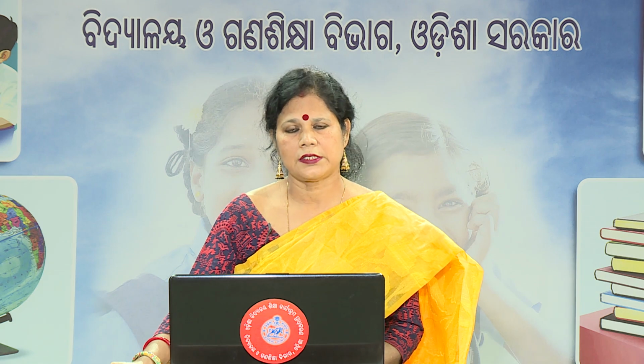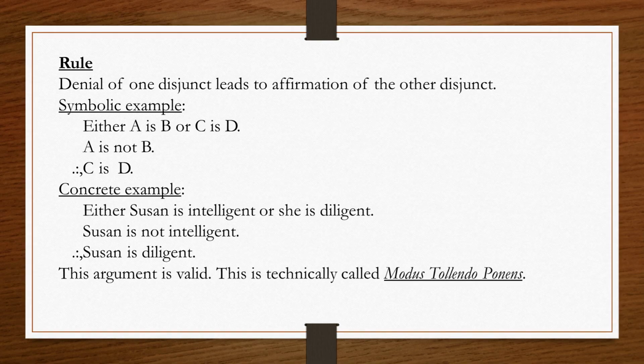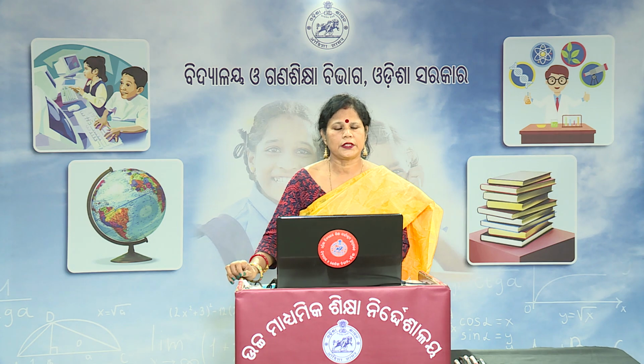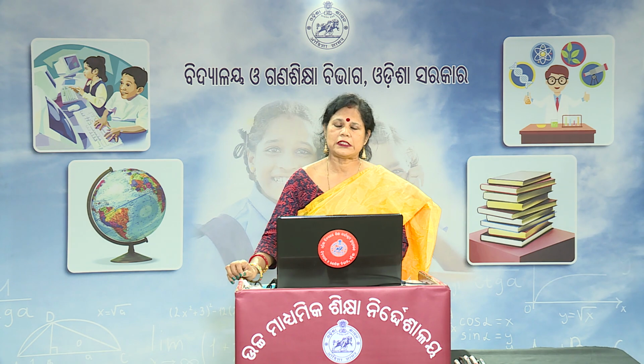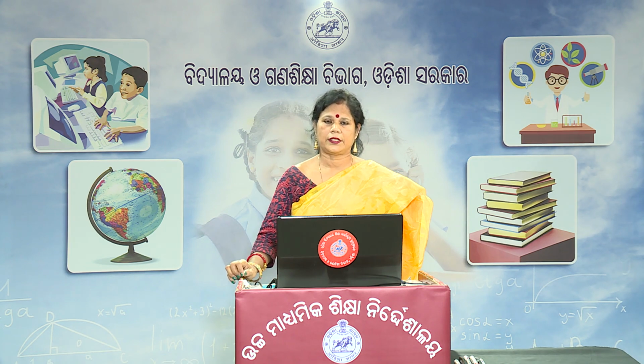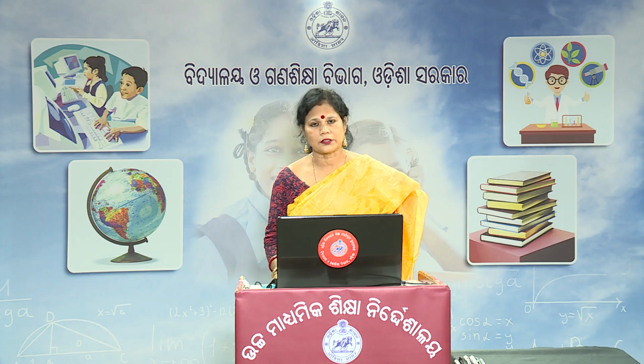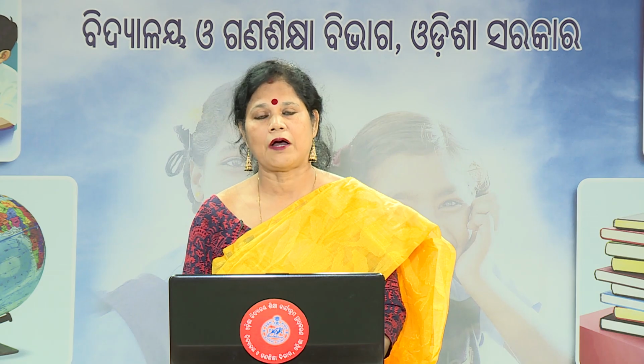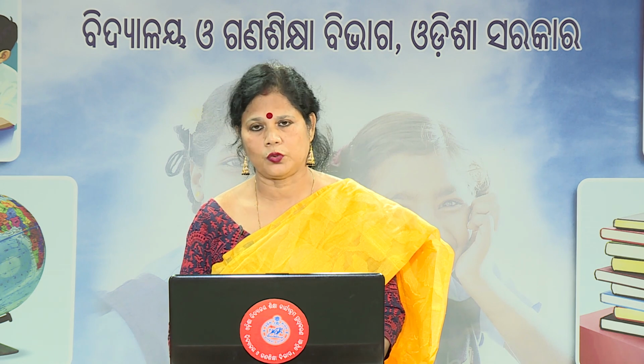The rule says denial leads to affirmation. That means, if one of the disjuncts is denied in the minor premise, then the other disjunct must be affirmed in the conclusion.